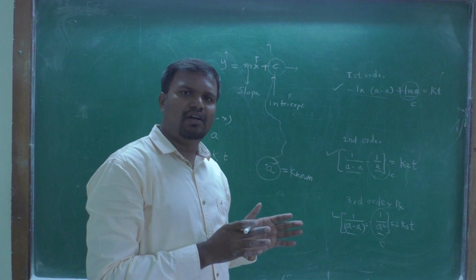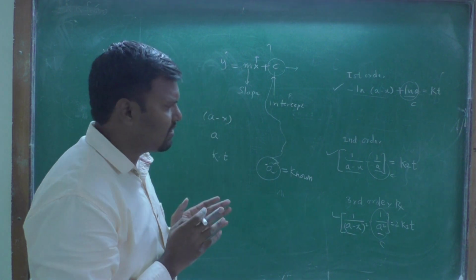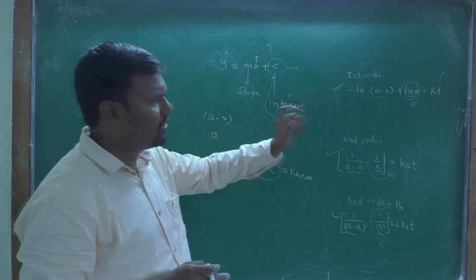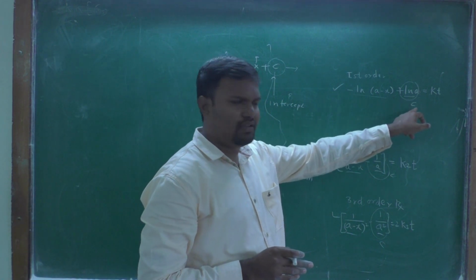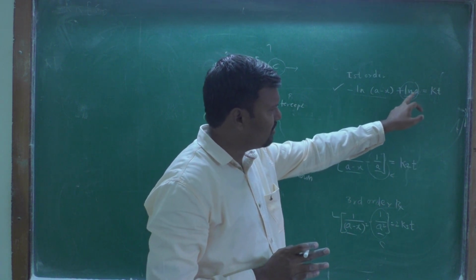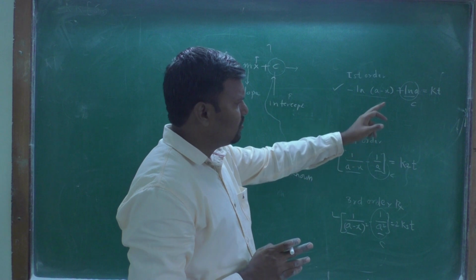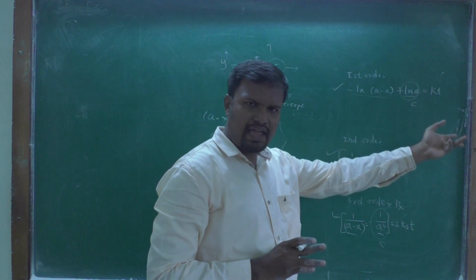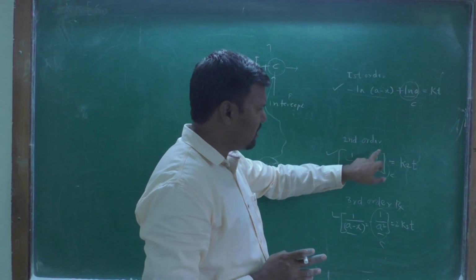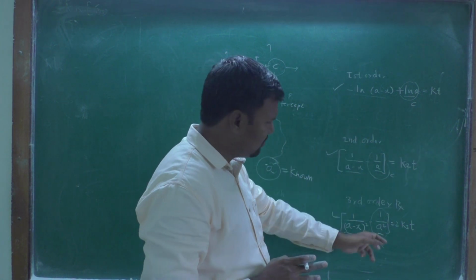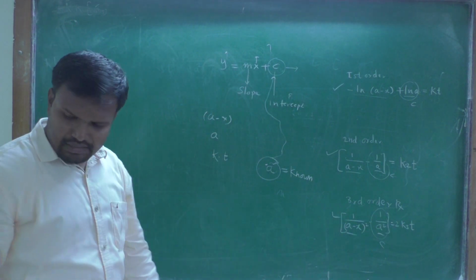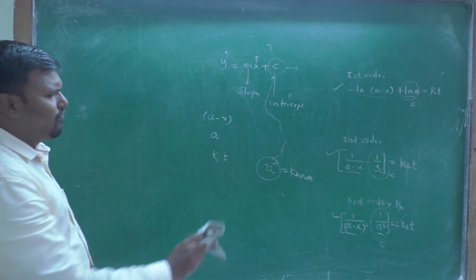We know the initial concentration, therefore the term A should be a constant term, that is the intercept. In ln A the constant you put as C, that is the intercept. C means the intercept. Then in this case 1 upon A will be your intercept. In this case 1 upon A square will be your intercept.